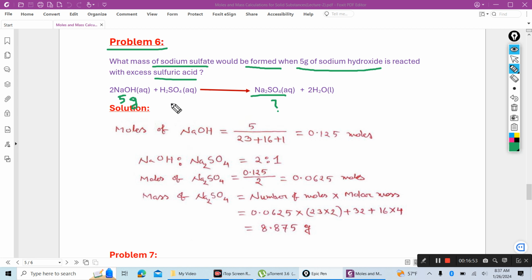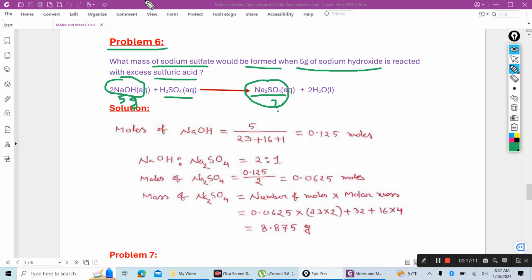Question is asking you, when 5 gram of sodium hydroxide reacts with excess sulfuric acid, what mass of sodium sulfate will be produced?